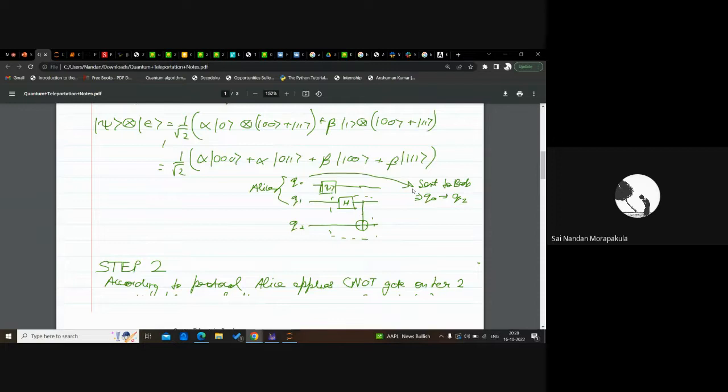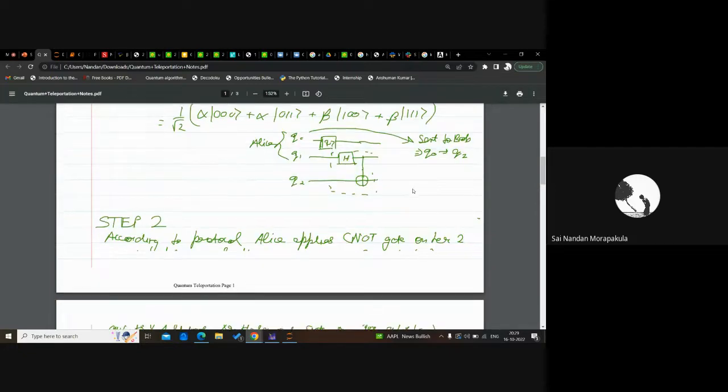I hope I'm not making things complex. Quantum teleportation is quite tricky, so please stop me if you have any doubts or anything that's not clear to you.